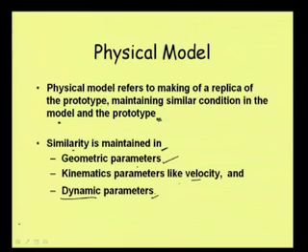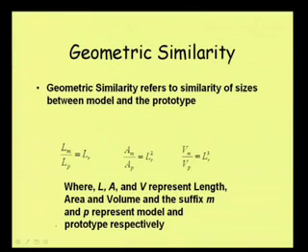Now to define it: geometric similarity refers to similarity of sizes between the model and the prototype. How can we maintain similarity of size? We will have to maintain a ratio.